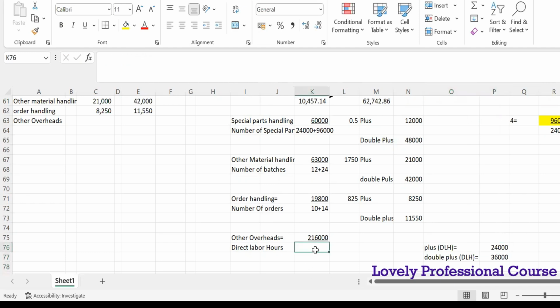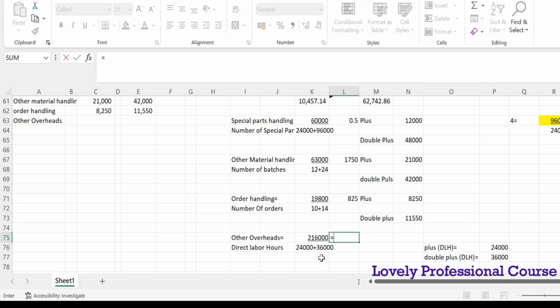So here, this is my direct labor hours, 24,000 hours plus this 36,000 hours. If I add them, 24 plus 36 is going to be 60. So my cost per activity is this total overhead divided by the total of 24 plus 36, which is 60,000.